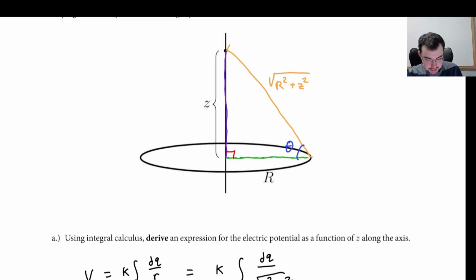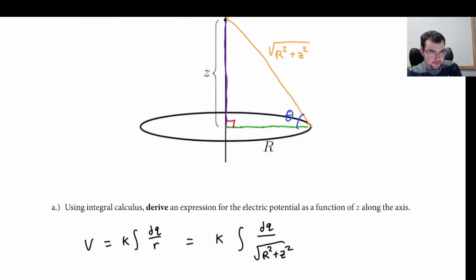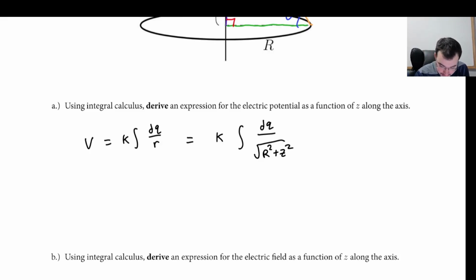Everything stays constant throughout this process because r stays the same to each segment because it's on a circle by definition, and z stays the same because my observation point hasn't moved. So actually everything here can be factored out of the integral. So I get k over the square root of r squared plus z squared, and then I'm just integrating all of the little dq's.